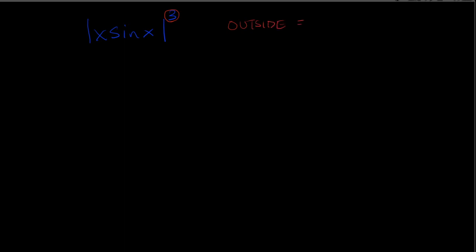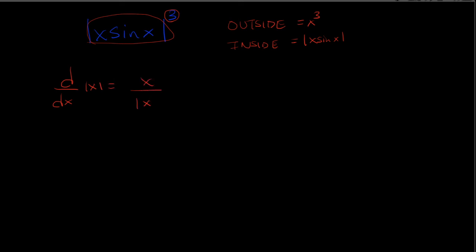Outside is x cubed. Inside is the whole absolute value. Okay, so it's not just x sine of x, it's absolute value of x sine of x. So that whole inside is being cubed. Okay, so let's recall the derivative of the absolute value of x is x over absolute value of x.